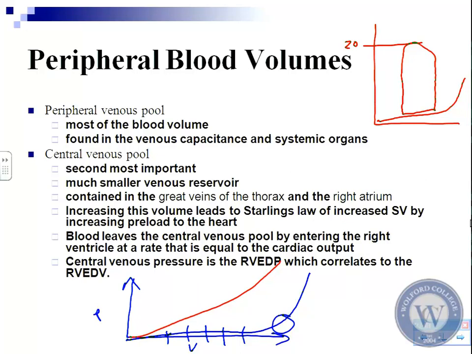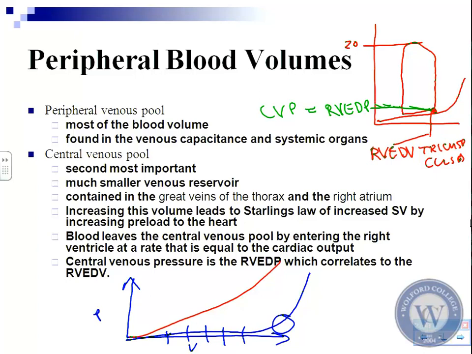CVP is a measurement right here. Right, the tricuspid valve closes. That would be my right ventricular end diastolic volume, and that correlates across this side to the right ventricular end diastolic pressure, which is equal to the CVP.